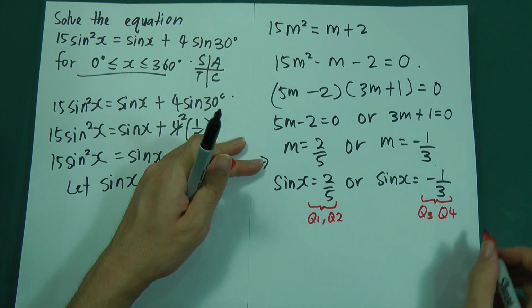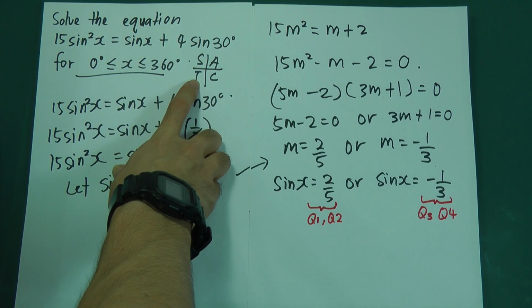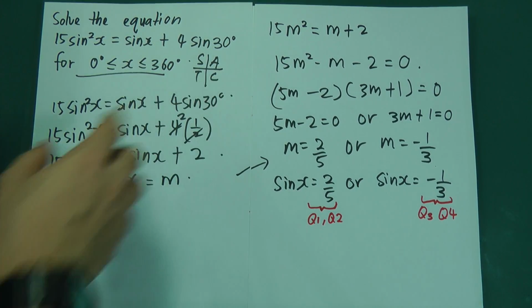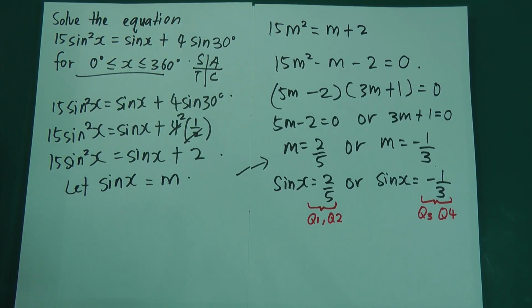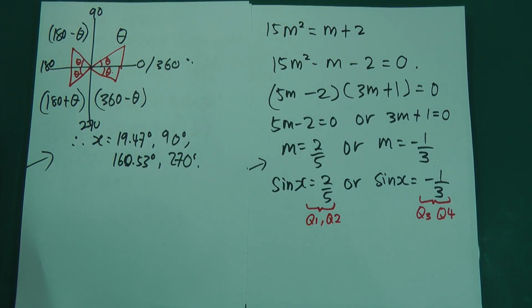Quadrant 3 and quadrant 4 have sine x negative because in the third quadrant only tangent is positive, and in the last quadrant only cos is positive, the others are negative. So when I have this, I can easily get the answer by using this. Okay, so of course the first step is I have to press shift sine 2 over 5. Shift sine 2 over 5. So I got 2 over 5.